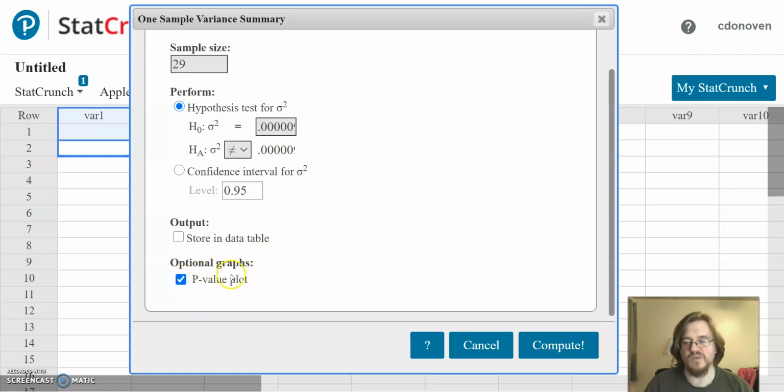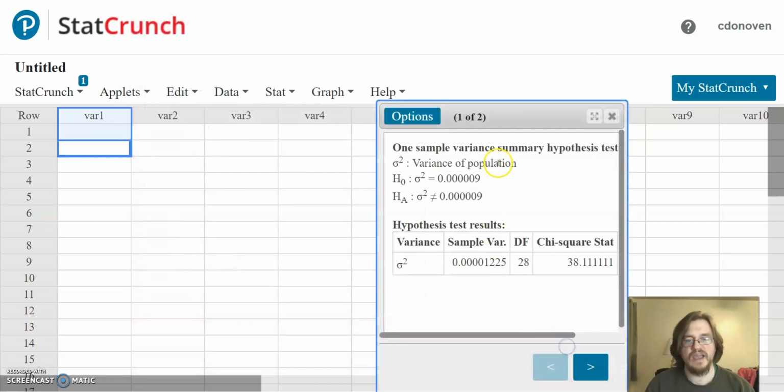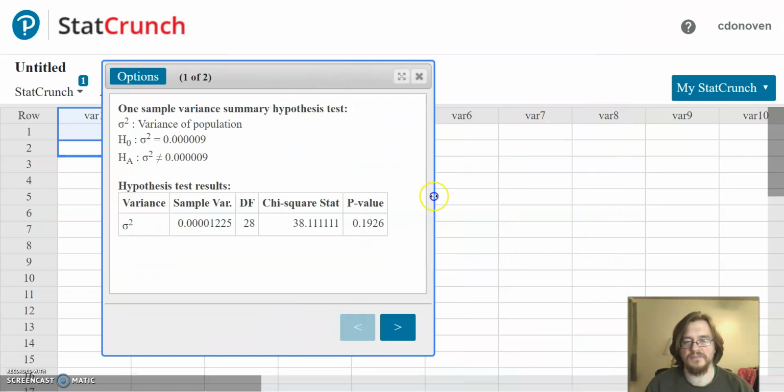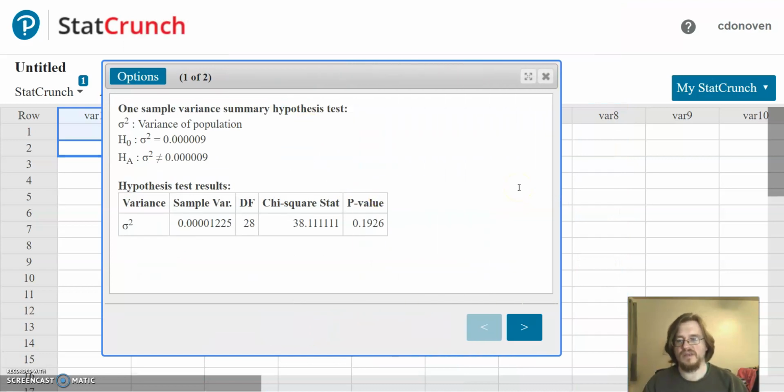For optional graphs, I will plot the p-values just so that we can see exactly what's going on. And we can compute this. So here, we can see exactly everything that was going on. It tells us what the null hypothesis and the alternative hypothesis were in terms of the variance, so everything's being squared here. It tells us our sample variance, which we calculated, 0.0035 squared.